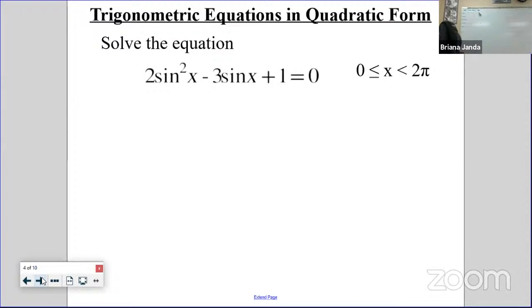Yep, so start with taking your 2 times 1 and then factor from there. Nope, just take your 2 times 1 and then factor it like it says x squared minus 3x plus 2.